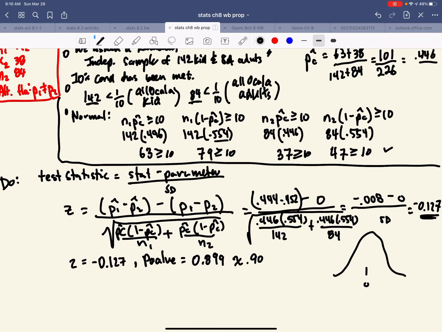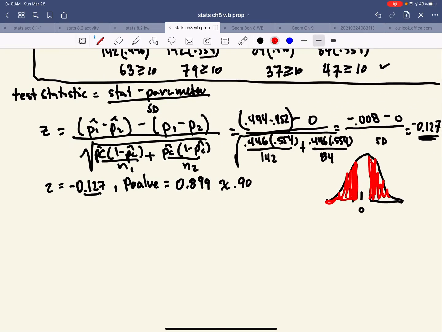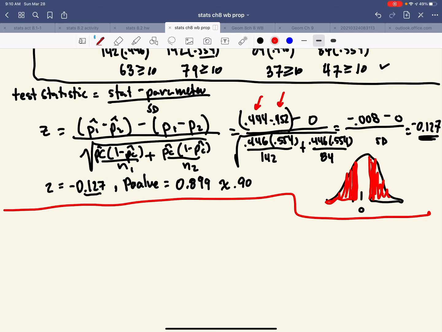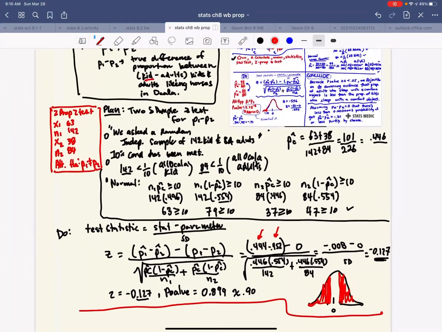Well, here would be the center of our distribution, and essentially I'm going negative to the left and to the right, so the area under this curve is almost everything under that curve. So that's very likely to happen, not very unlikely. So it appears as if they are the same. Adults and kids in Ocala seem to like horses just as much.